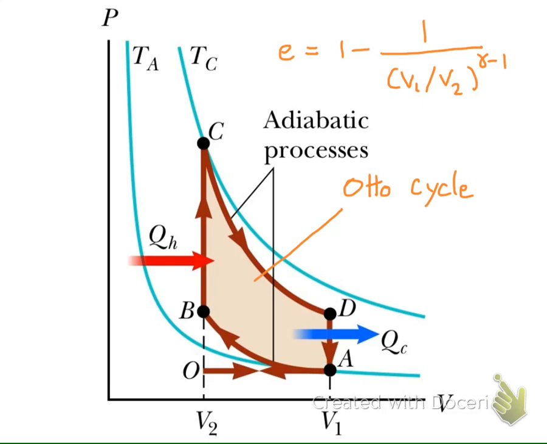Here V1 and V2, the ratio of V1 and V2, we call this the compression ratio.